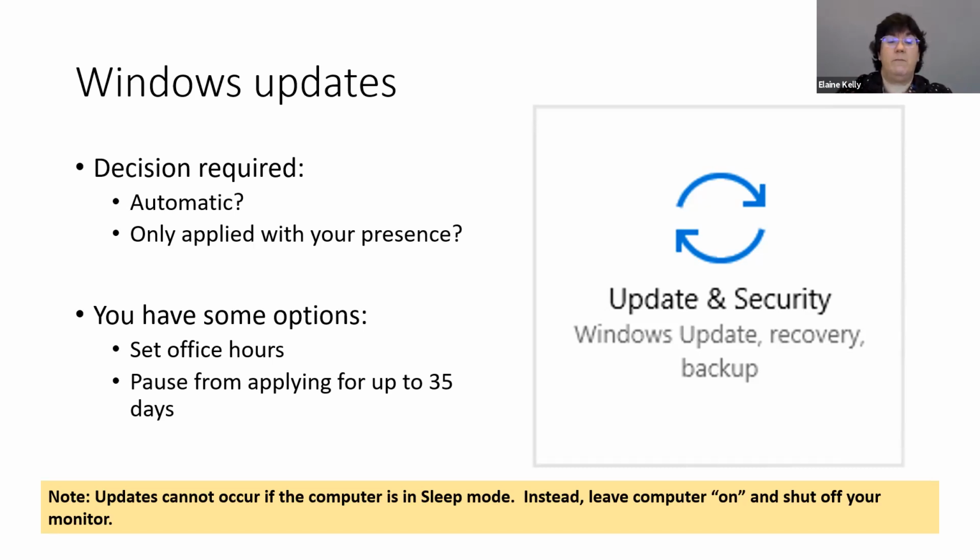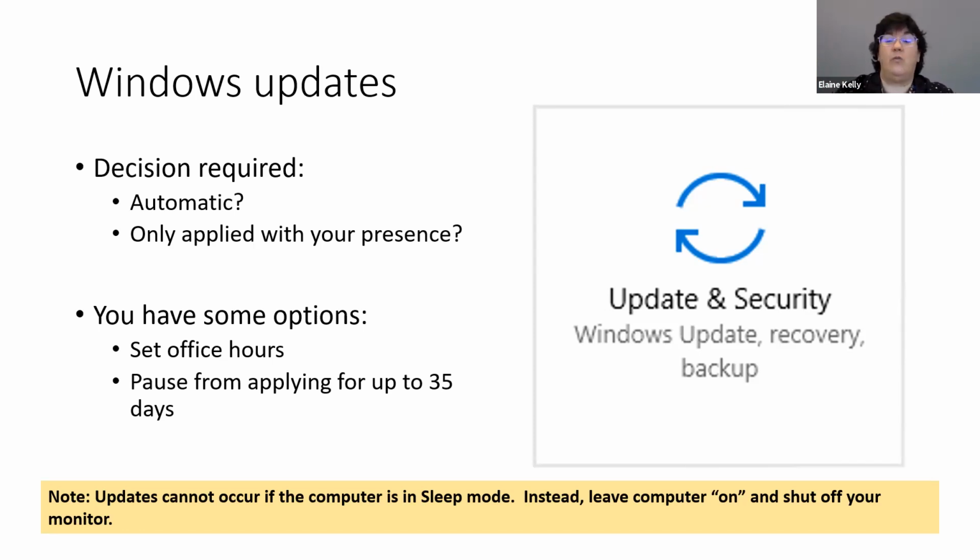One thing that I do want to make sure that everybody is aware of is that updates cannot occur if the computer is in sleep mode, meaning that it goes into a power save mode and it shuts itself off until you activate the power switch again and it wakes up. Your updates will not occur at that particular time. They will just pause and then it still has to redo it again as soon as you wake the computer back up.